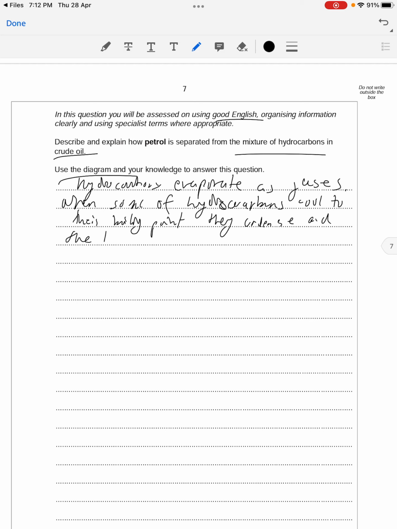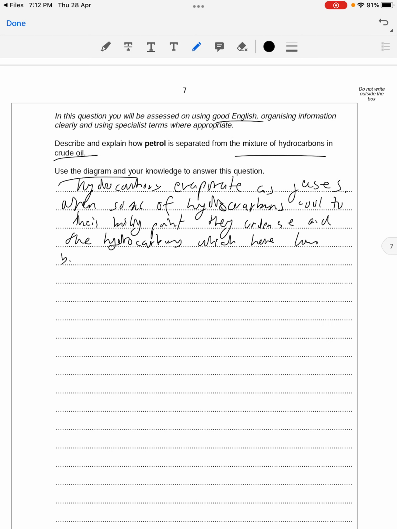And the hydrocarbons which have low boiling points, you can mention that, they collect near the top of the fractionating column. It's similar to fractional distillation.